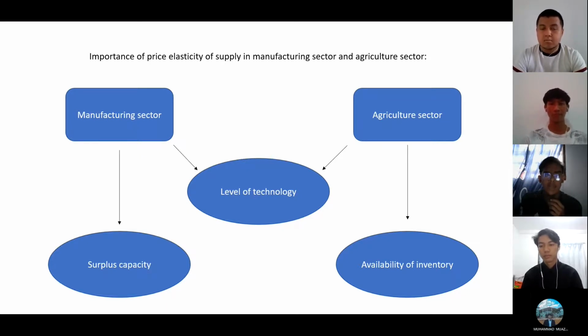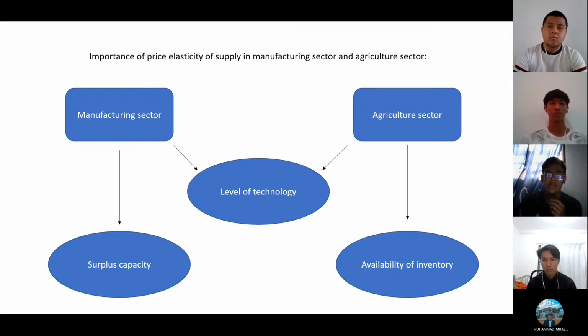For example, in the manufacturing sector, there may be more workers who are lazy to work. So it can make the quantity supplied decrease. If they have technology, the quantity supplied will be fixed and it will increase if the technology is increased.